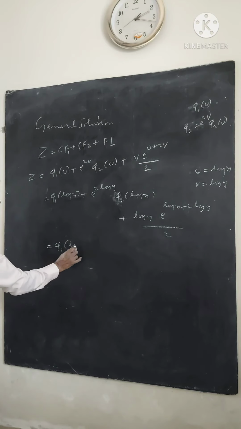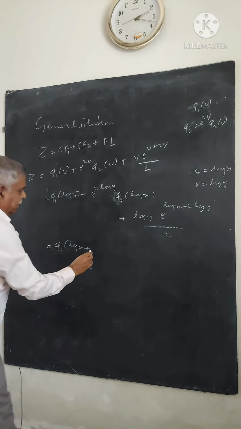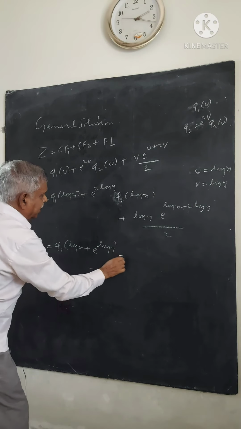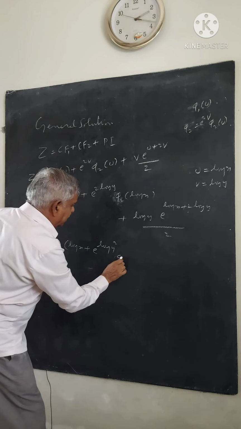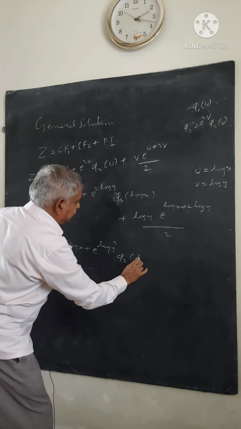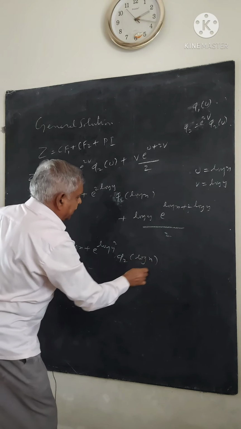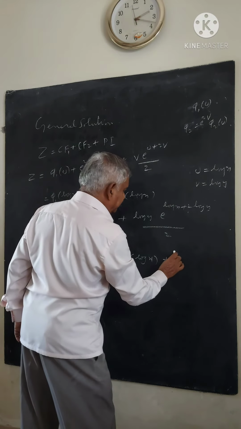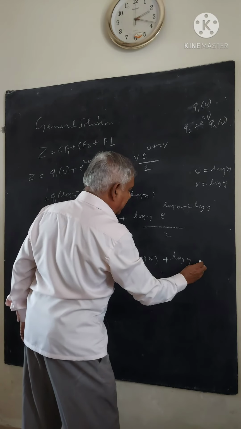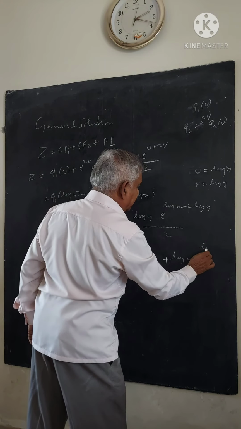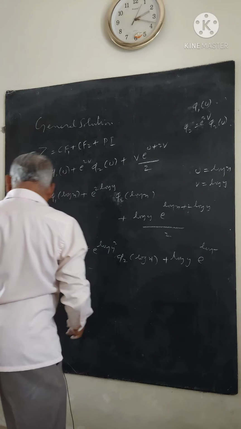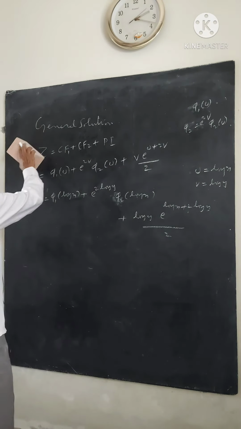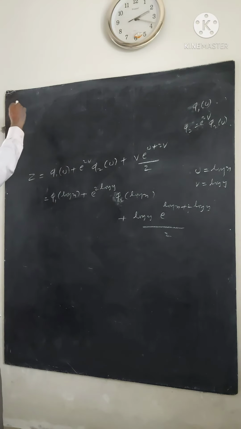Equal to phi 1 of log x plus e power log y square, equal to y square phi 2 of log x plus log y, e power log of... I am writing from the above, from the beginning, from the top.